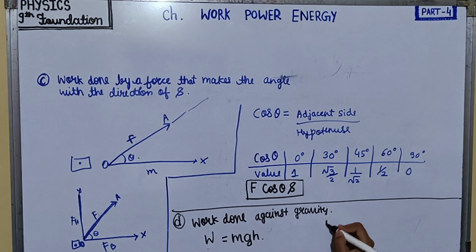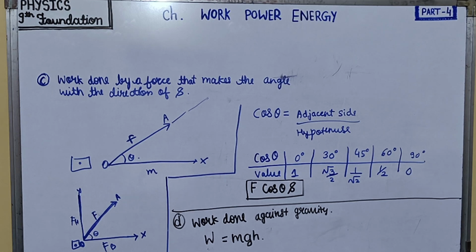Because gravity is downwards, it takes any object downwards, and when we do anything against gravity, we use this formula.